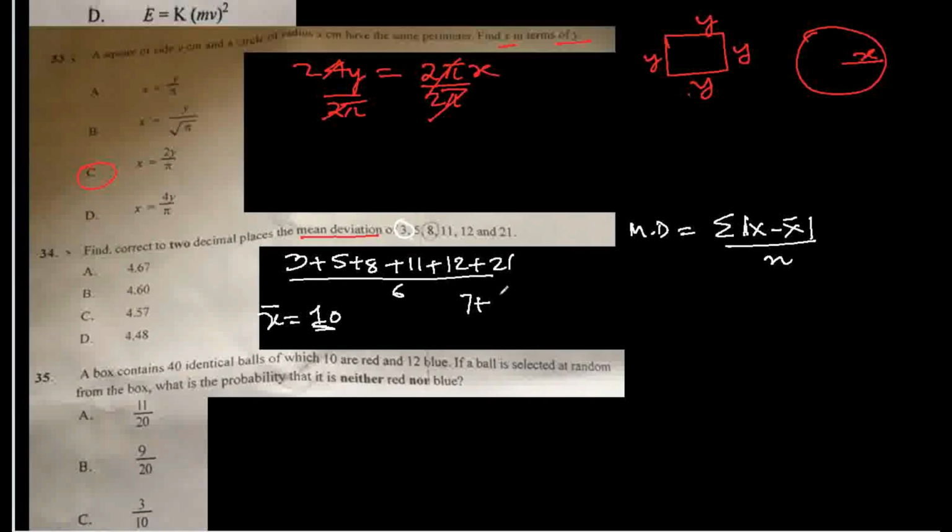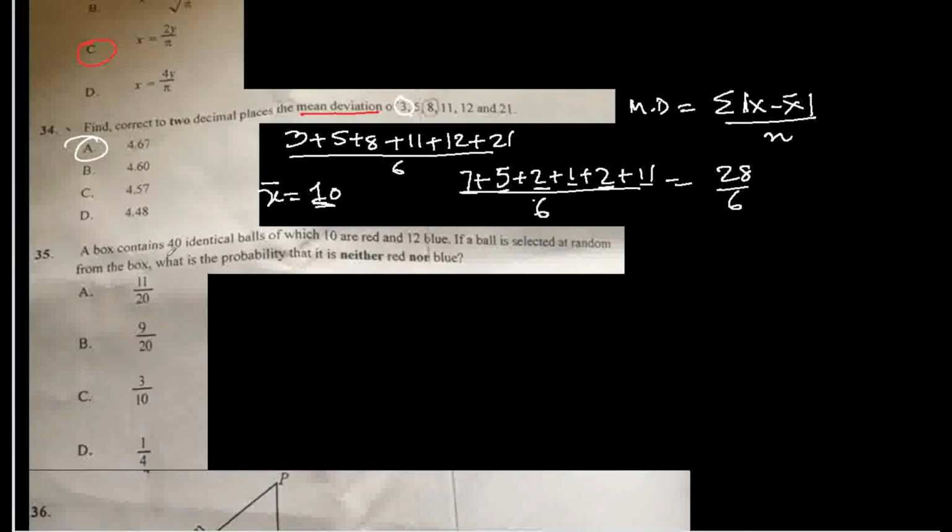Similarly, 5 minus 10 is 5, 8 minus 10 is minus 2 but we write 2, 11 minus 10 is 1, 12 minus 10 is 2, and 21 minus 10 is 11, all divided by 6. So 7 plus 5 is 12, plus 2 is 14, plus 1 is 15, plus 2 is 17, plus 11 is 28, over 6. If we divide, it will be 4.67. A is the mean deviation.